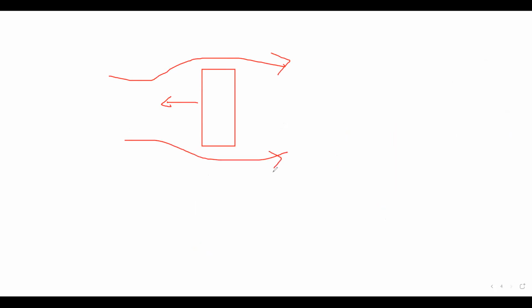Due to the friction, for example, this is a human body. It doesn't look like a human body, but it's just a representation. As a person is walking, air is moving around him, so there's friction between the air and the body.